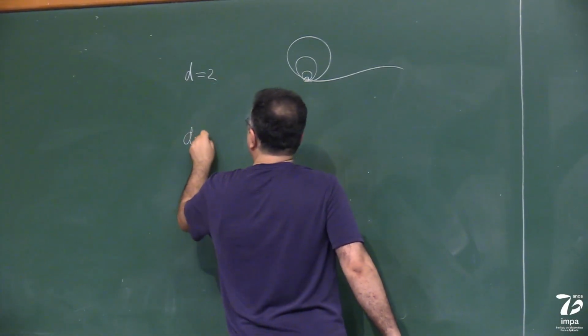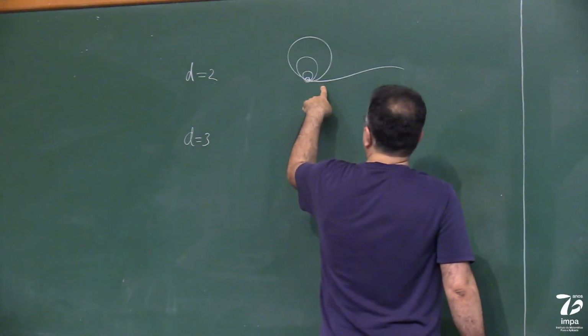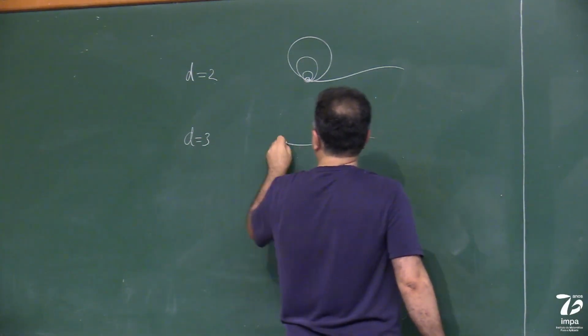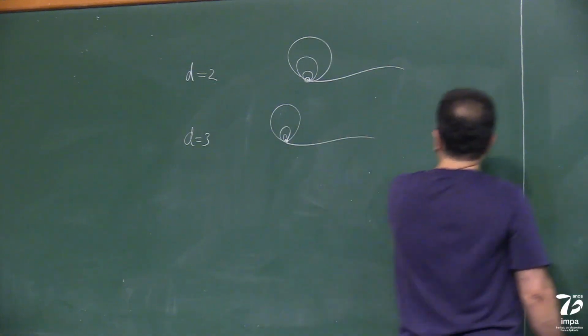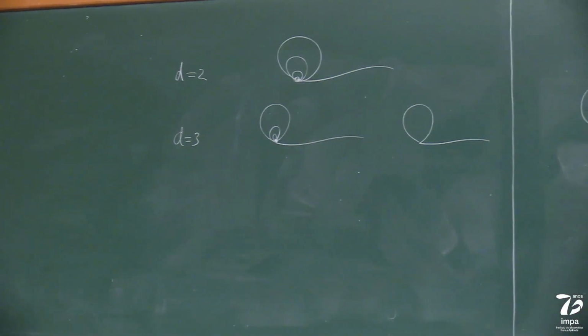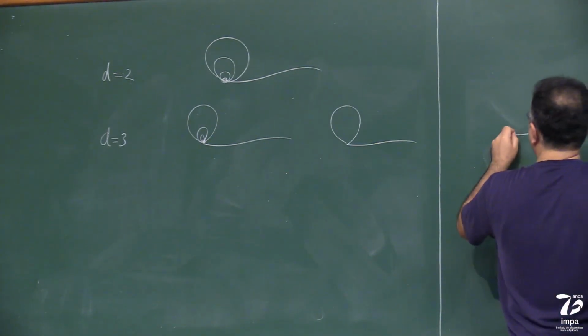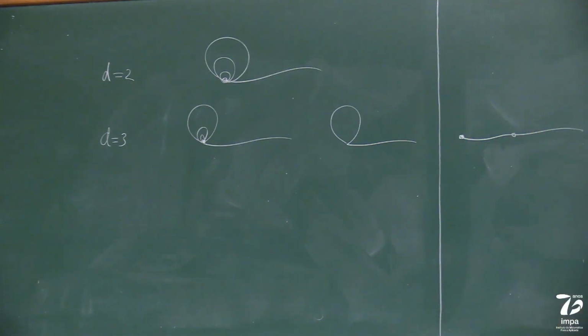If D is 3, in particular, you can't have a heteroclinic. If D is 3, in addition to this, you can have this with a single loop, and you can have something with a single heteroclinic.